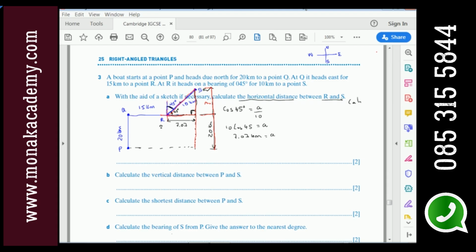Because this triangle can help us get this height, isn't it? Can that triangle help us do that? To get that height. Yes. Can that triangle help us get the distance from here all the way to here? Is it possible to get that height using this triangle?